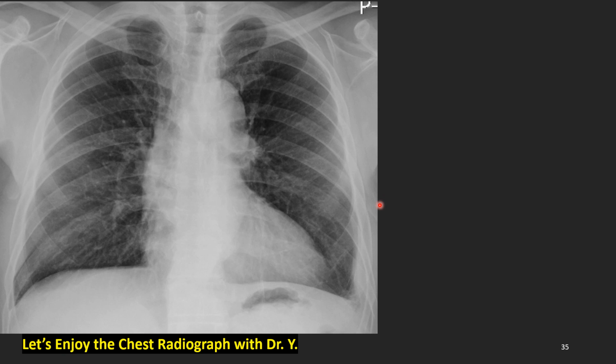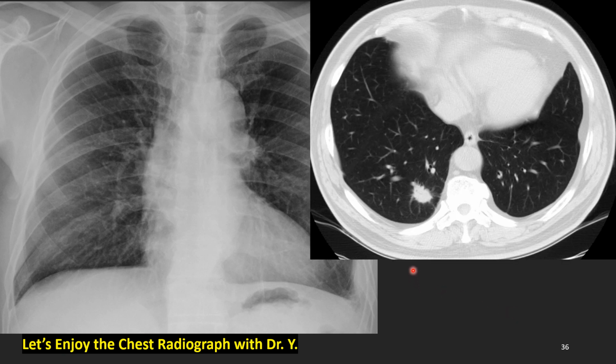Let's look at this film. What do we see? This is actually another case of not possible to identify the lesion on the chest radiograph case. Just normal looking film.